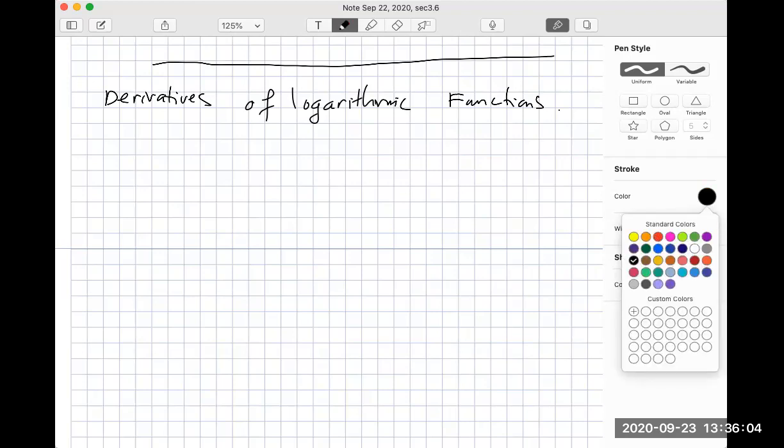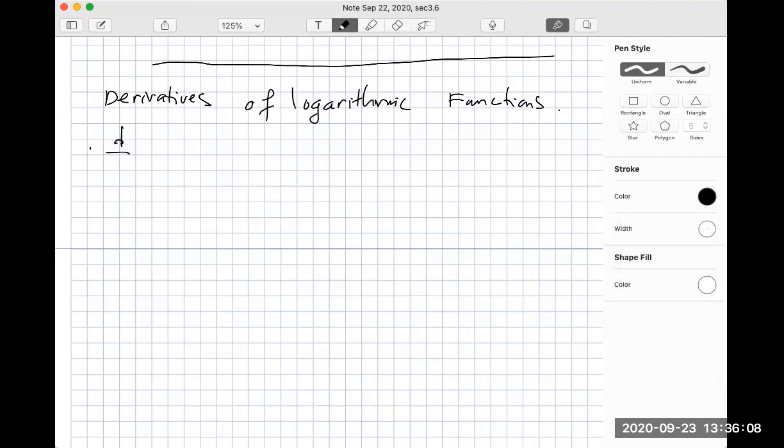Okay, the first formula is that d over dx of logarithmic base b of x will be 1 over x times natural log of b. Okay.